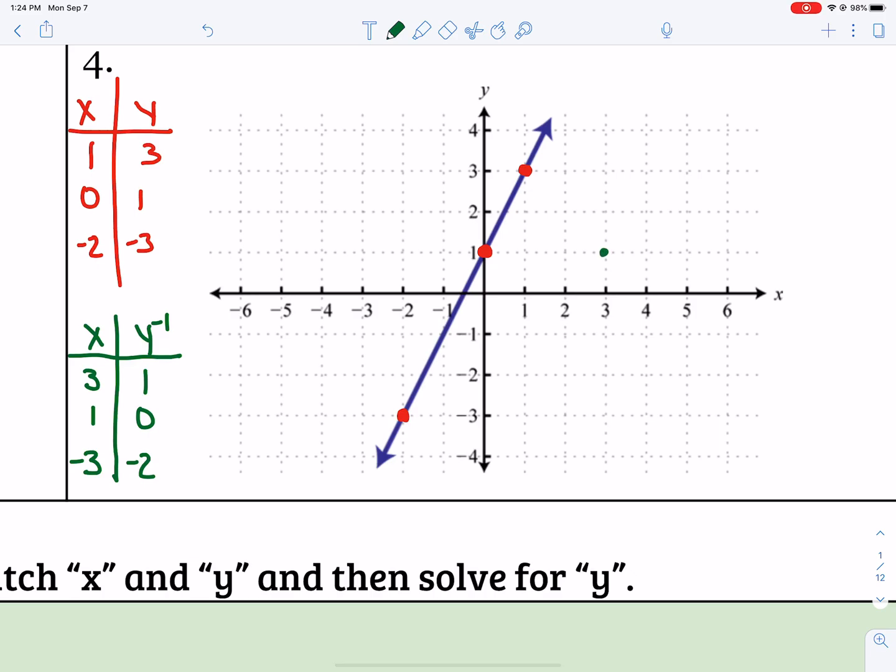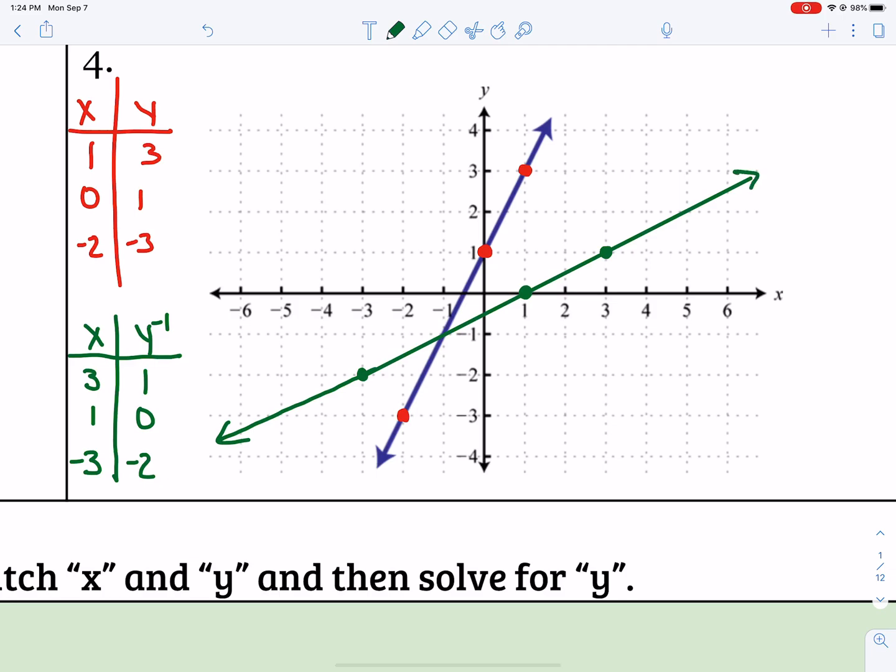So 3, 1 would be right there. 3 to the right, 1 up. 1, 0 is just 1 to the right. And then -3, -2 is left 3, down 2. And then I can connect my points and make a nice straight line.